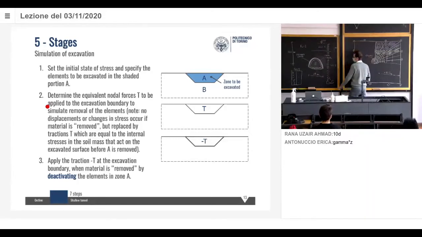In fact, if you want to simulate this construction process, it should be only the upper part. 1, 2, okay? I'm going to change the drawing, but you have this too.